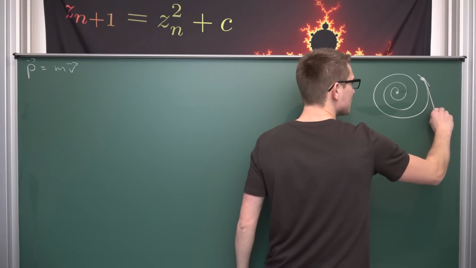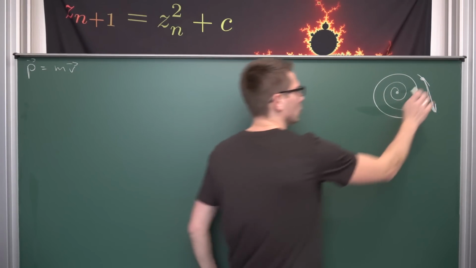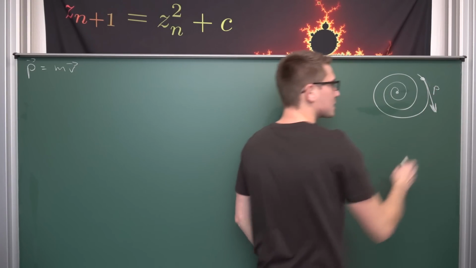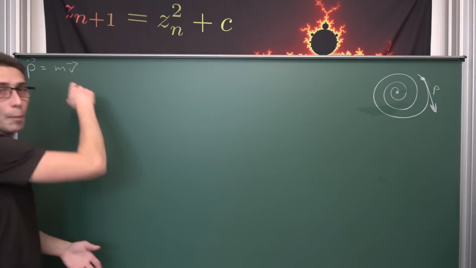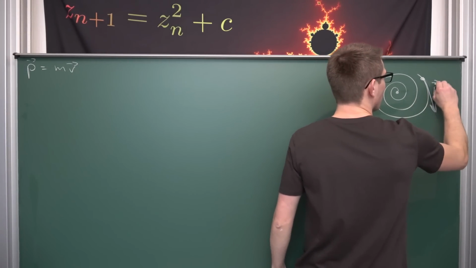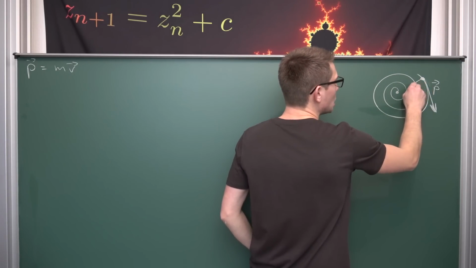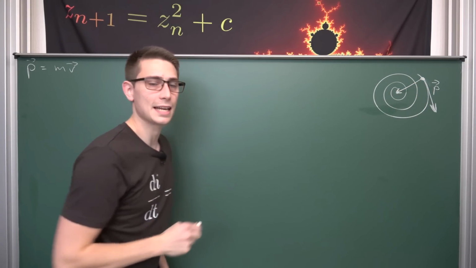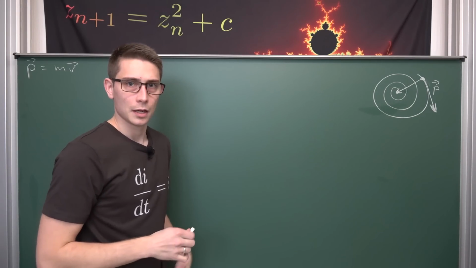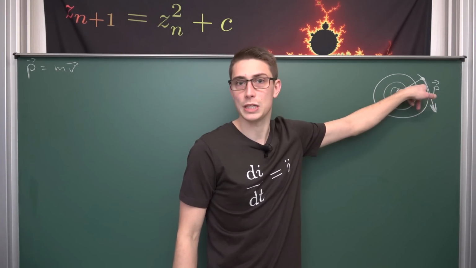And always as a tangent to this circular path is our velocity, or in our case, since our particle has some mass m, it's not only the velocity, it's a momentum in some way. So we have a momentum in this direction, but we also have a radius vector going down exactly to the center right here, to the planet. Now, they are both enclosing an angle, be it 90 degrees or not.